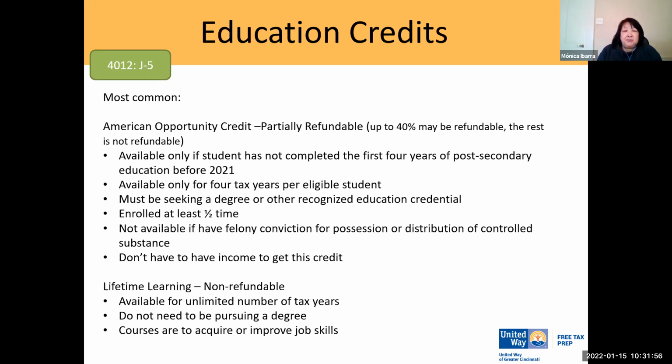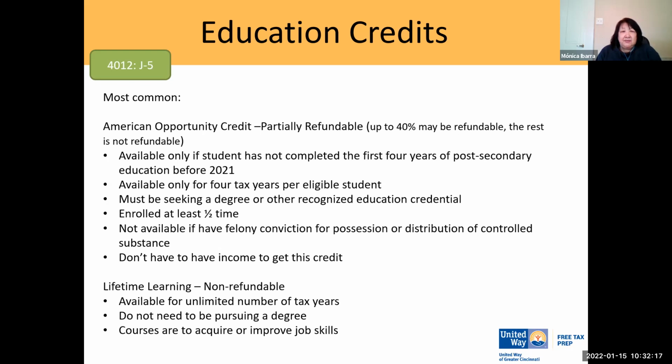You also have to be seeking a degree or some other kind of recognized education credential, like a bachelor's degree, or an associate's degree.